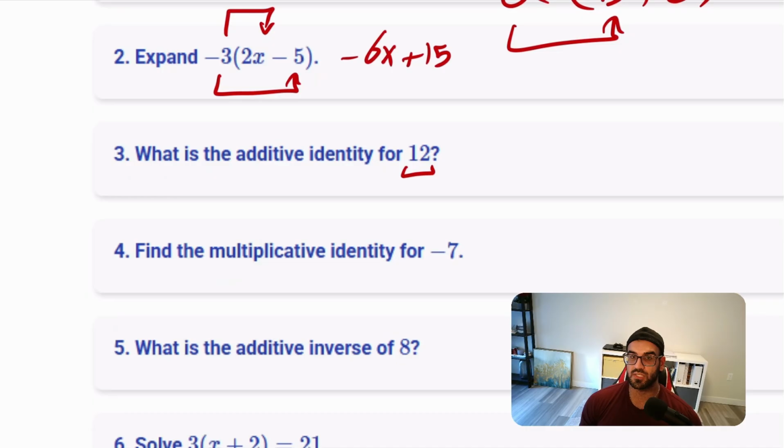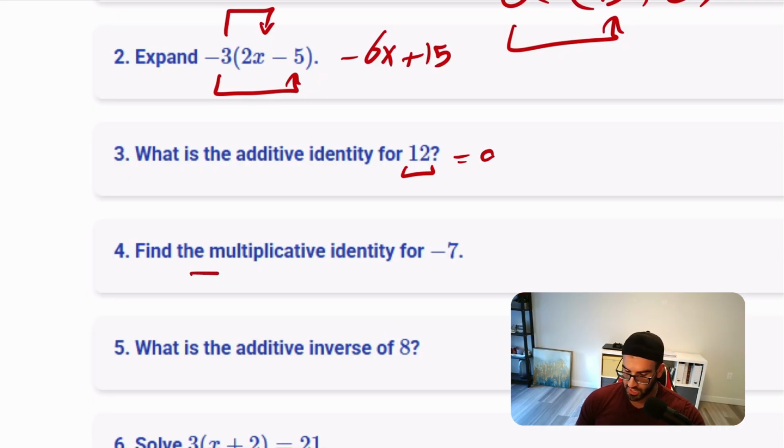So for instance, when I do have 12 and I would like to find the additive identity, it means what is a number that if I add it with 12, I'm still going to get 12. So obviously it's 0, right? So at this point, the answer is going to be 0 itself.